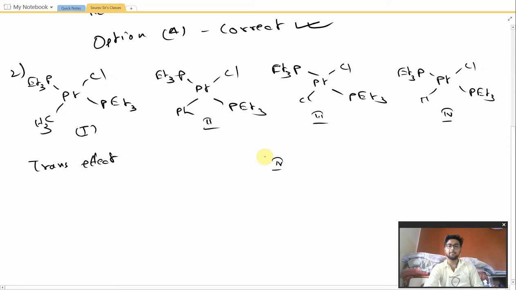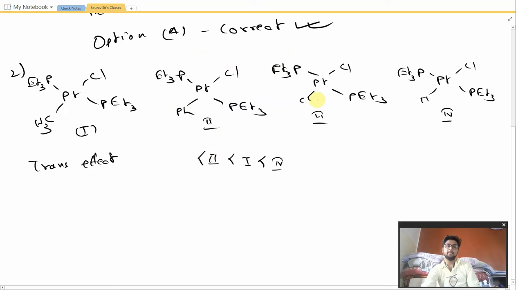After that, the next option would be 2, that is the PH. The PH also has a good amount of trans effect in the system, so the incoming pyridine group would remove the Cl and get attached to the Pt center quite easily.